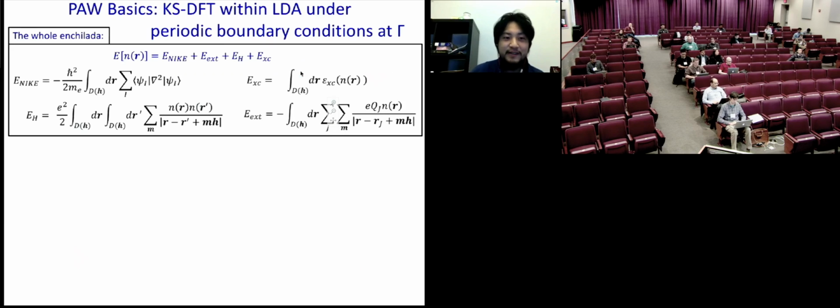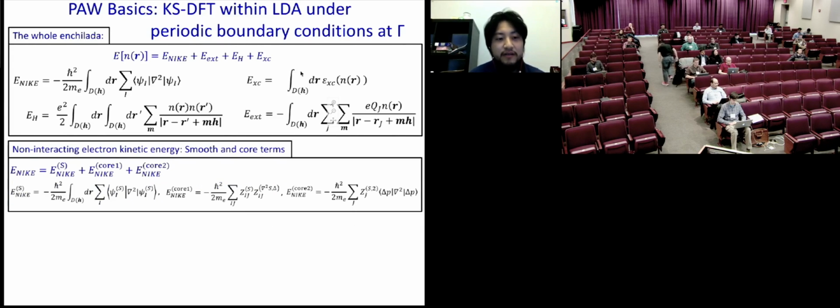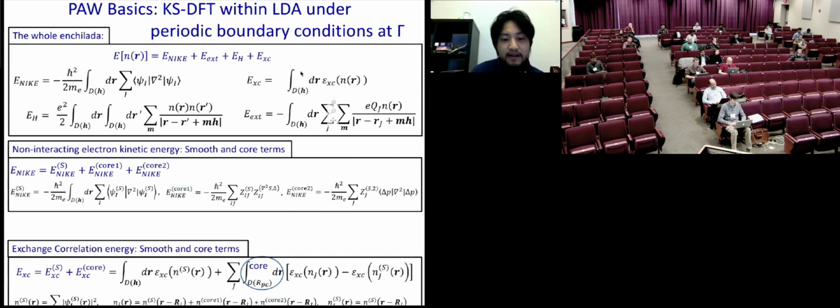And so, for example, if we substitute in the expression for the total energy functional, the kinetic energy term now expands to 3 terms: the smooth interaction, smooth core, and core.